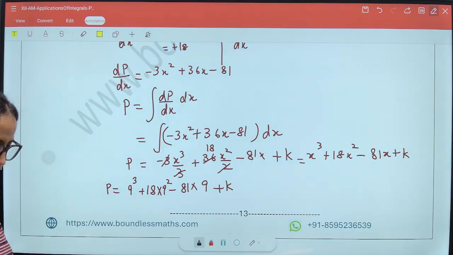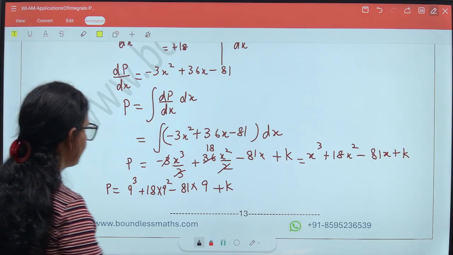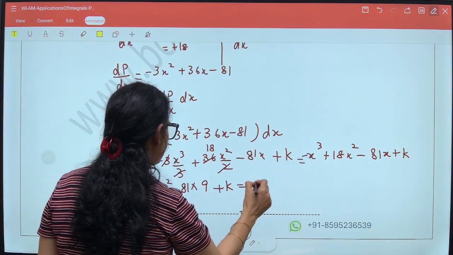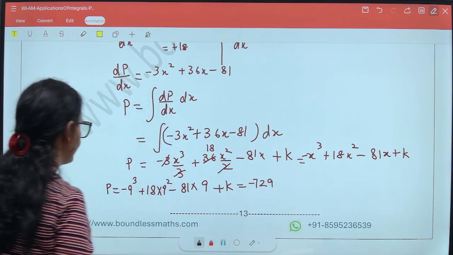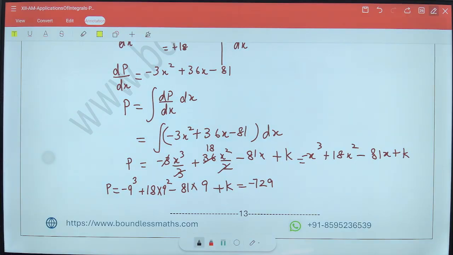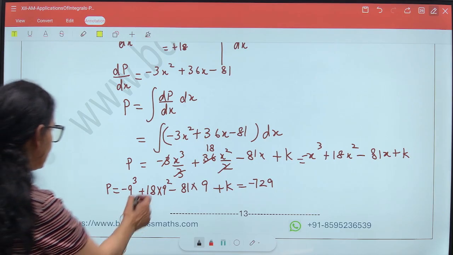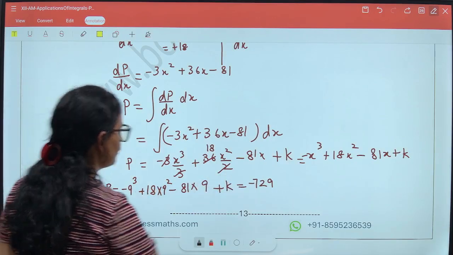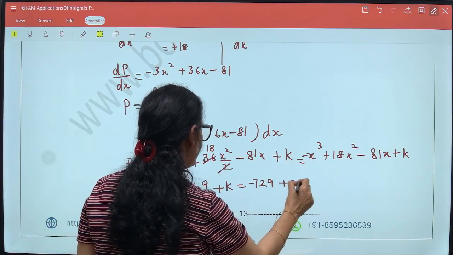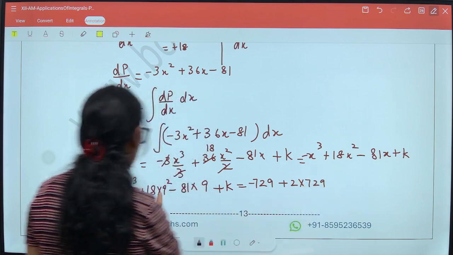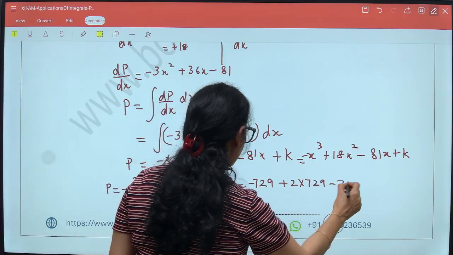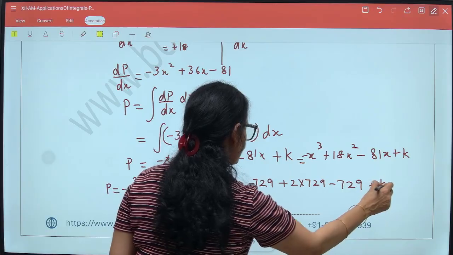So how much is 9 cube? 9 cube is 729. It is minus here, so this will be minus 729. 9 square is 81. 81 into 18. This 18 can be broken as 2 into 9, so it becomes 9 cube into 2. So double of 729. So basically we have 2 into 729 for the second term. And the third term is 81 into 9, again we have 729, plus the constant of integration.